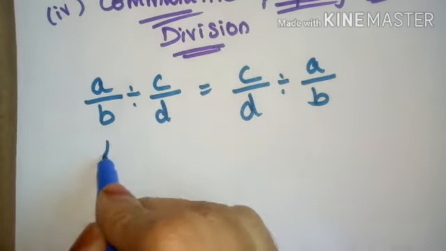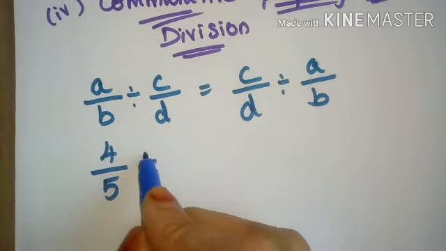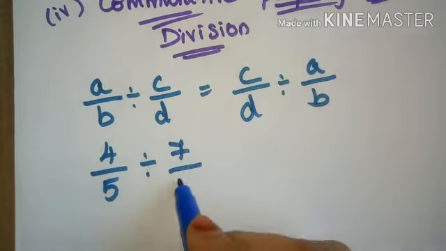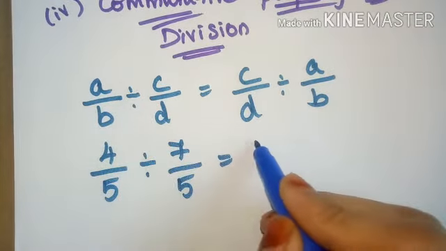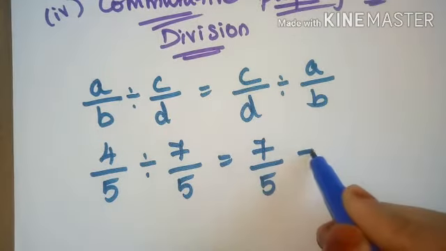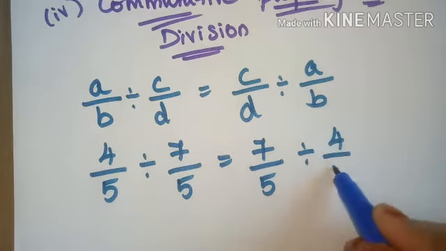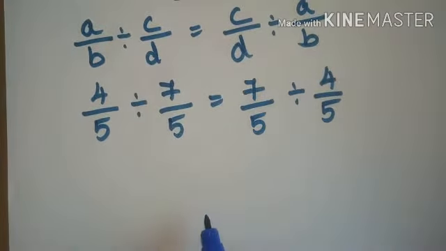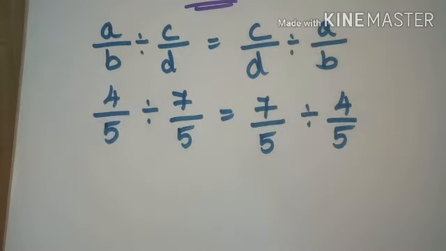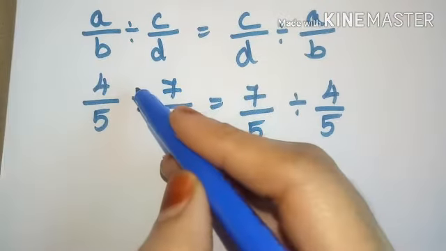Let us take A upon B as 4 by 5 divided by C upon D as 7 by 5, is equal to 7 by 5 divided by 4 by 5. I hope you know this step. If you don't, listen carefully.